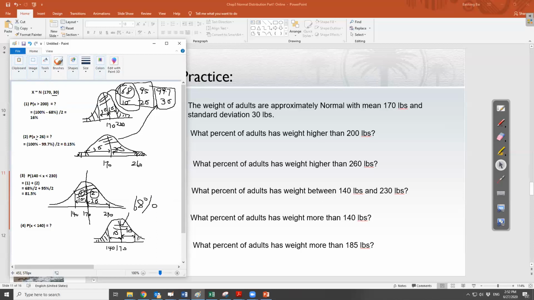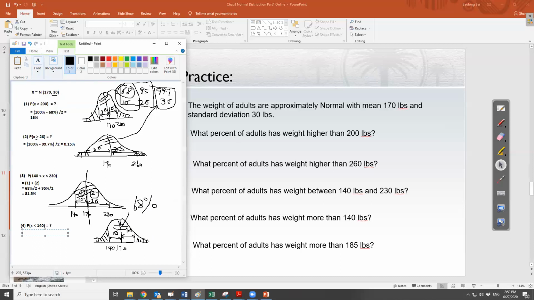Then you have 2 tails, one on the left, one on the right. They have exactly the same shape. They have the same area, right? So then if you continue, this will be 100%. That's the total distribution. Subtract the 68% in the middle.